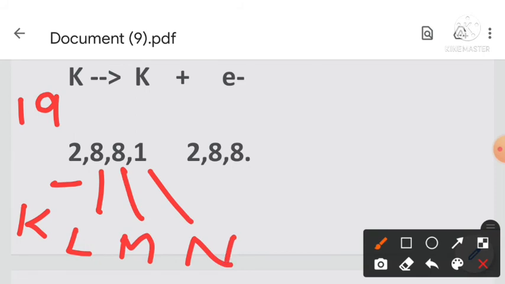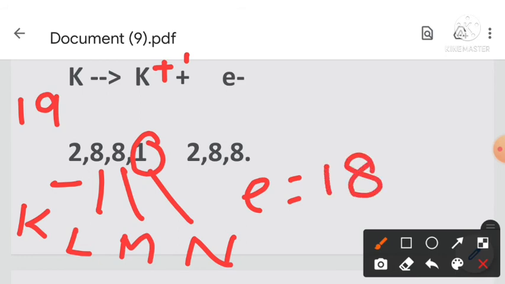Its outermost shell has 1 electron; it loses this electron and gets a +1 charge. In the potassium ion the electrons are 18, whereas in the potassium atom the electrons are 19.